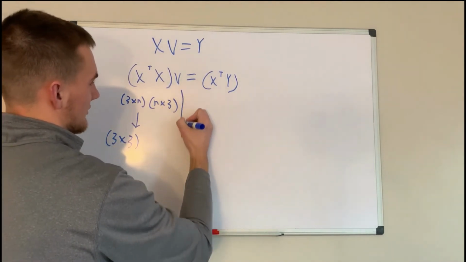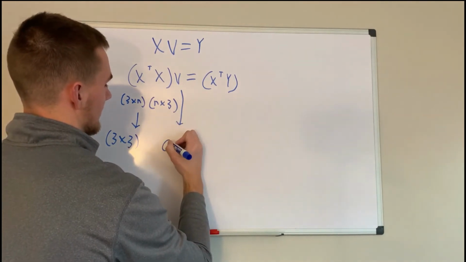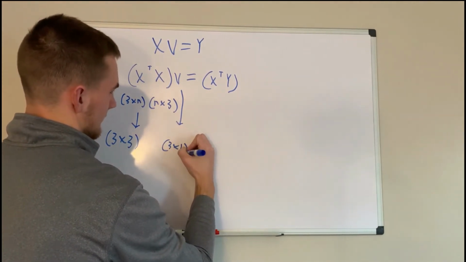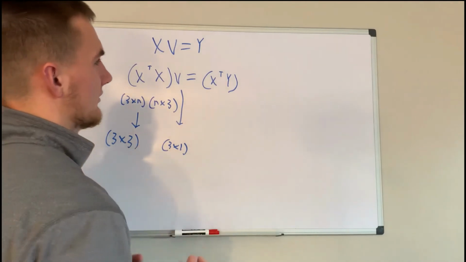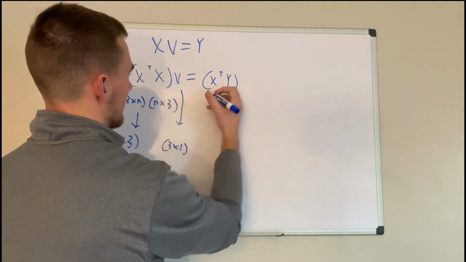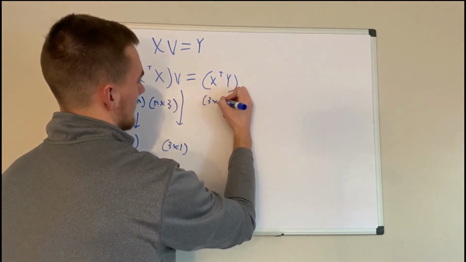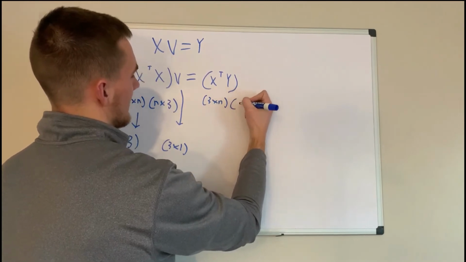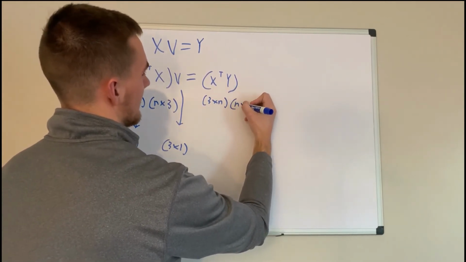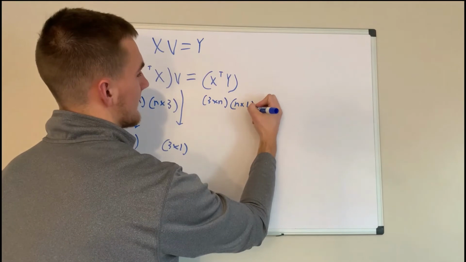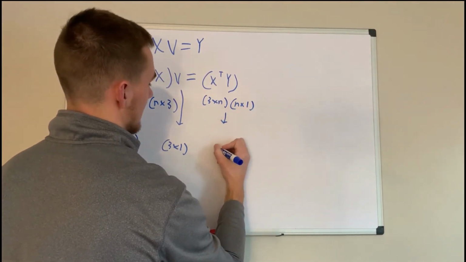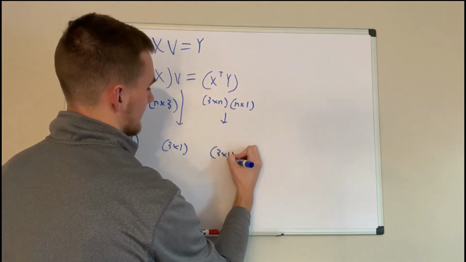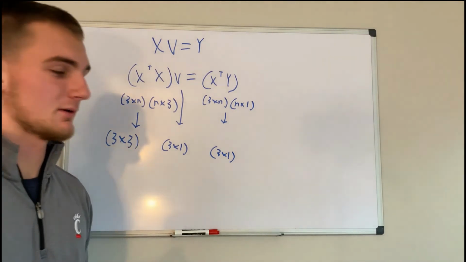And our V matrix is still a 3 by 1. And our X^T matrix, again, is a 3 by n multiplied by an n by 1, so this will yield a 3 by 1 matrix. So pretty cool there.